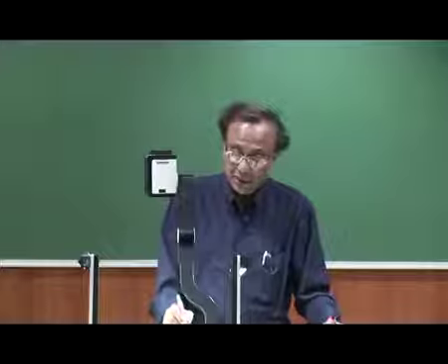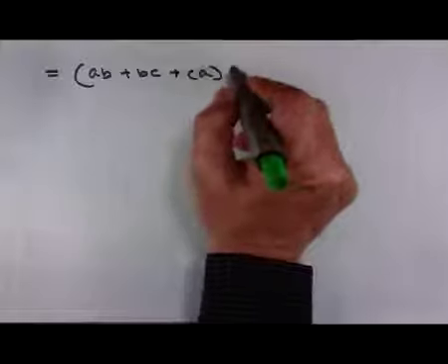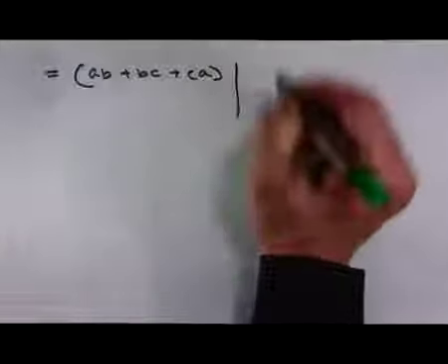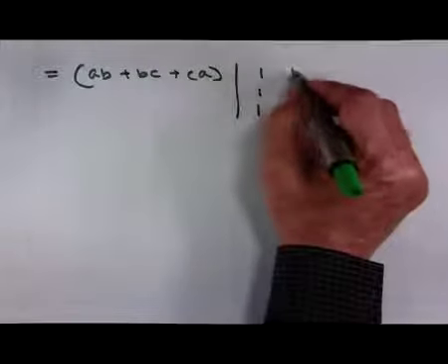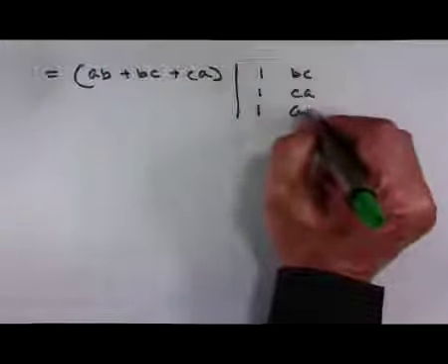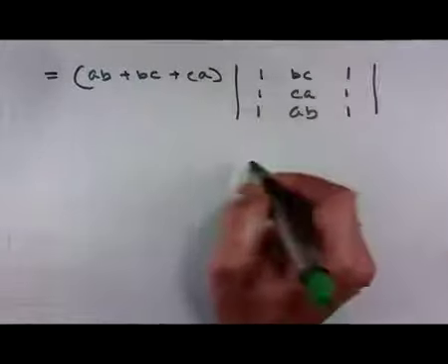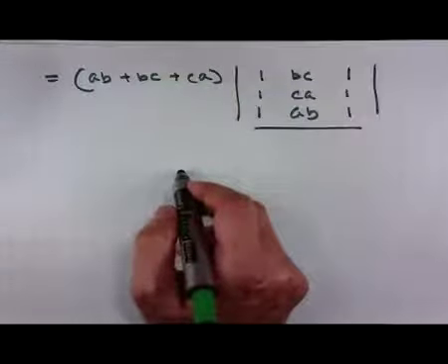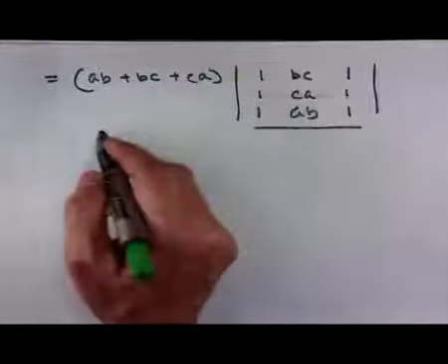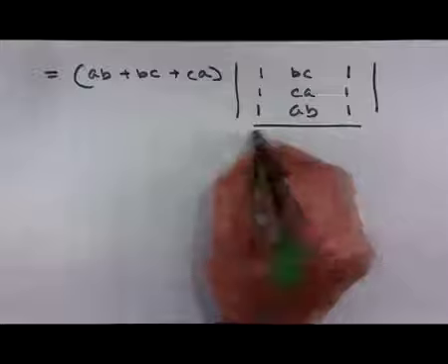So, its determinant is (ab plus bc plus ca) times the determinant of the matrix with rows 1, b, 1; 1, c, 1; 1, a, 1. And what is the determinant of this matrix? Since it has two identical columns, its determinant is 0.